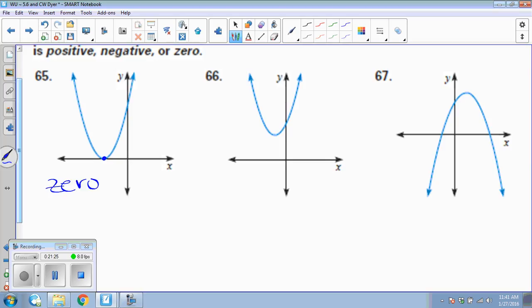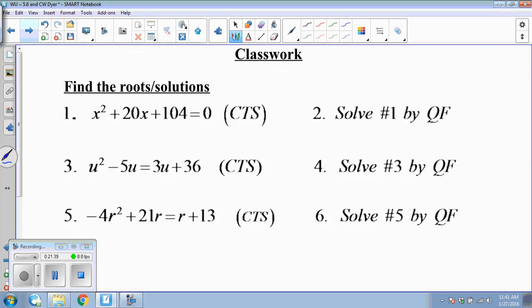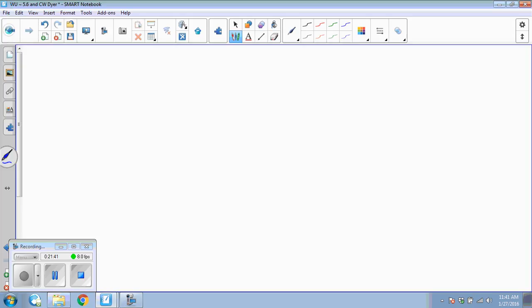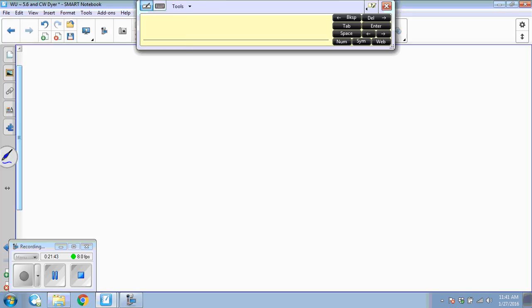What about this one? Was it positive, negative, or 0? Negative, because that's imaginary roots. And what about this one? Positive. Positive, okay?